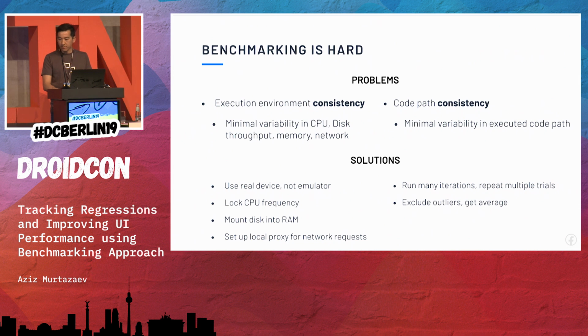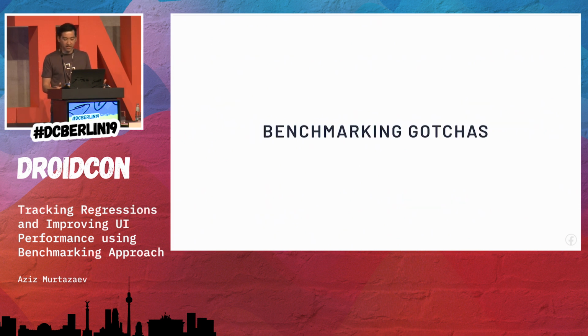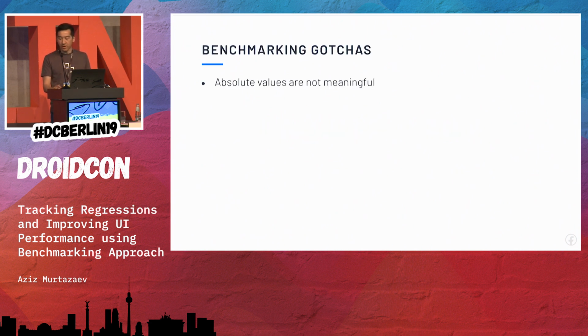And let's talk about gotchas of benchmarking. Absolute values in benchmarking don't mean anything. They only make sense when you compare that number with a similar run in a similar environment, because this is not actually a production environment.